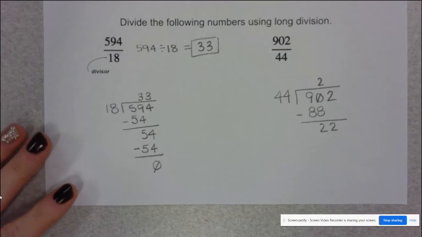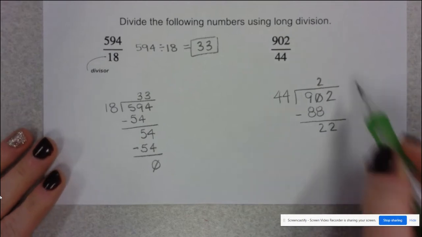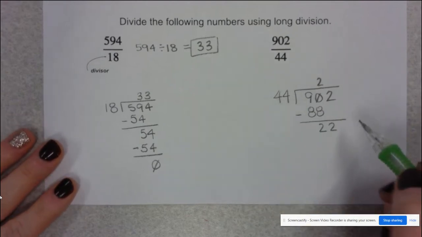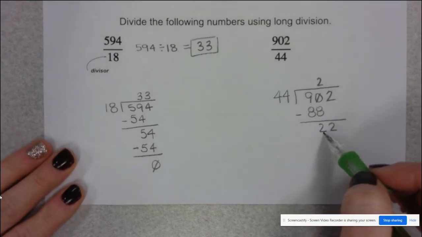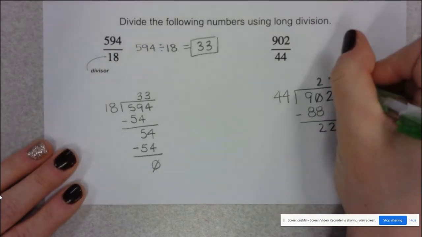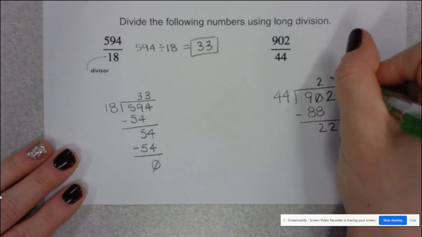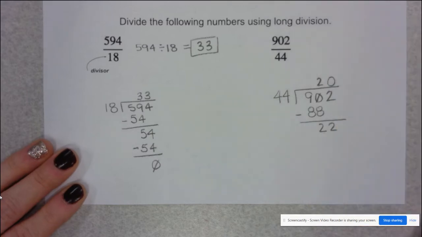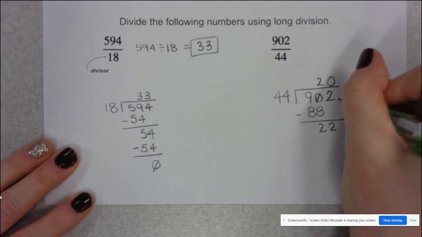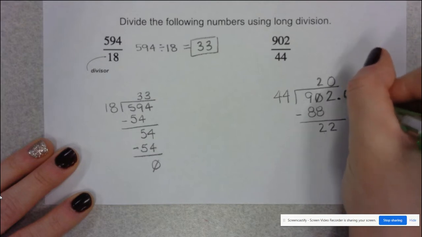So I'm actually not going to be able to divide 44 into 22. So I'm going to have to put a 0 here because that didn't work. And remember, I can continue adding decimals at the end here.